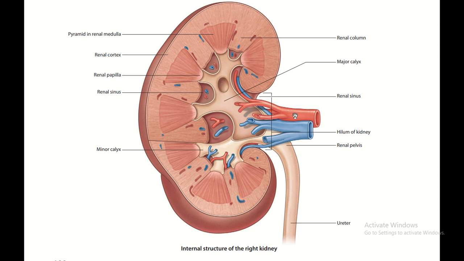And then lastly you're going to meet another branch of the renal artery. So the renal artery has three branches. The first two branches are between the renal vein and the renal pelvis. Then the last branch is posterior to all the structures, right? So you're going to have a cortex and a medulla.